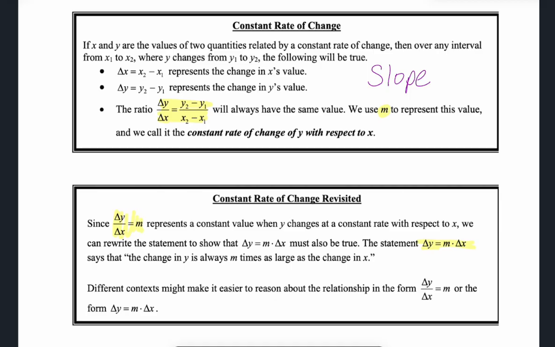They multiplied the slope by the change in x, and that's pretty much what we were doing in the formula, but I wasn't really writing it out in that particular way. But that's a good way to think about it: if I know how much it changes in the x, if I multiply the slope by that, I will find the change in y. So that's a really nice one. Make sure to highlight that one, okay?